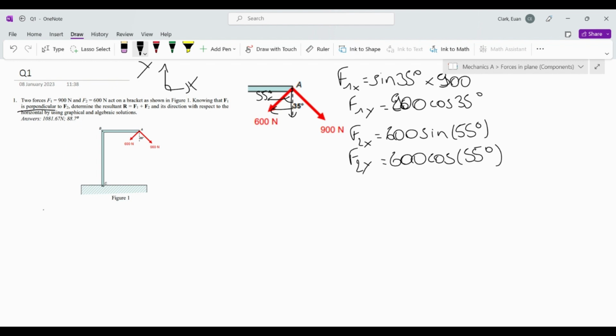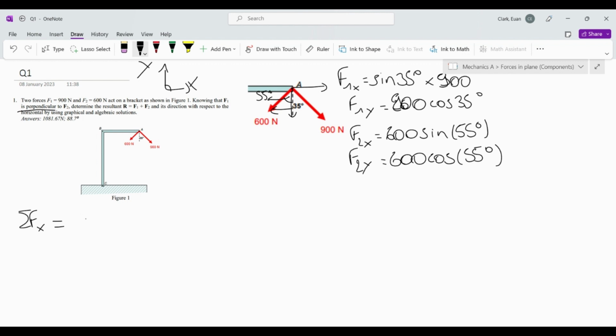So down here on the left, we have the sum of the forces in the x direction. We've decided here that if a force points to the right, then it's positive, and if the force goes up, it's positive as well. Anything in the opposite direction would be negative. So in the x, for the 900 F1, it's pointing to the right, so this is positive.